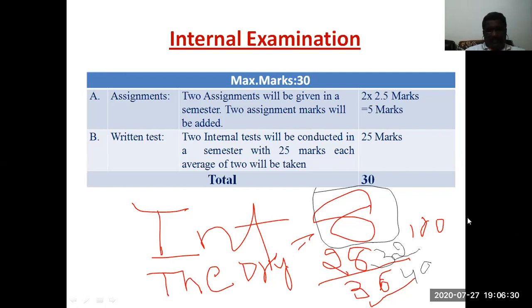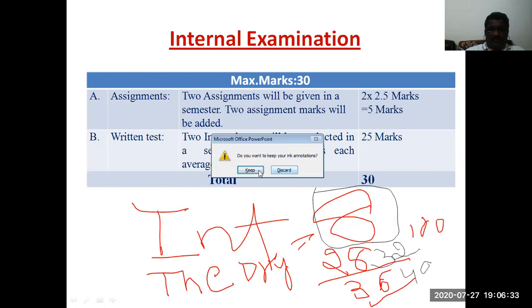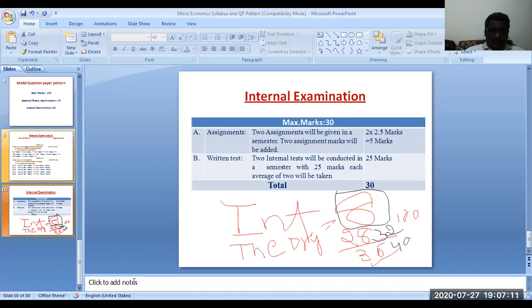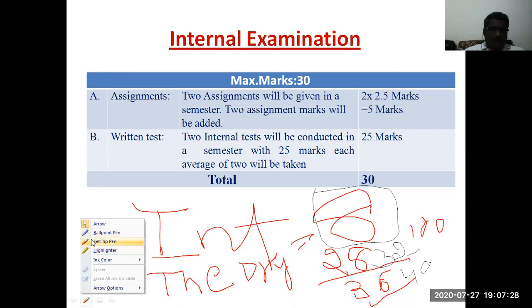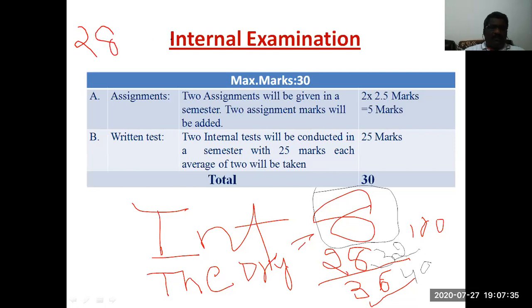Let us take another example. In the second case, suppose a student got 28 marks in the internal examination, and in the external or theory examination, the student got 20 marks.